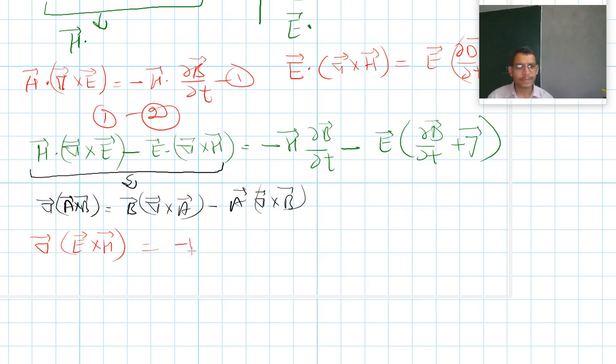So it is minus H curly B over curly T minus E curly D over curly T plus J.